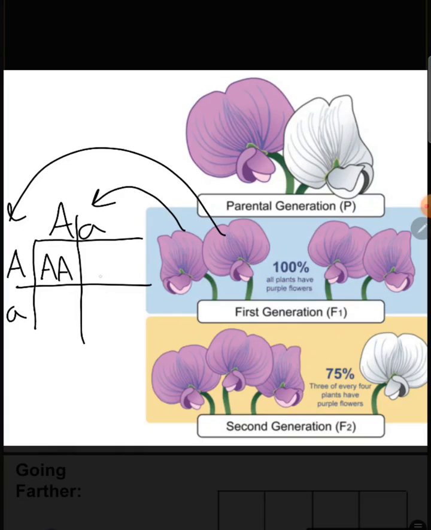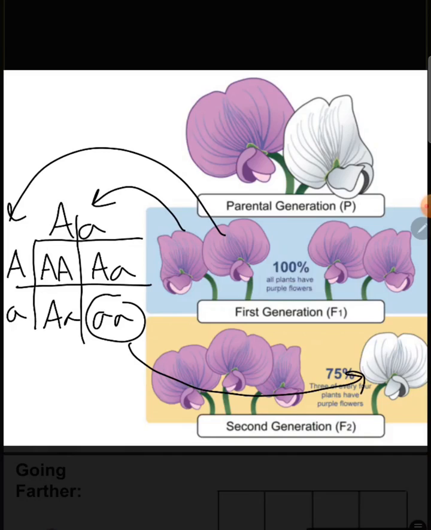And these would be the possible results. And so you see the white flower came back, and that means that in the F1, the recessive allele did not disappear, it was merely hiding. That means that some alleles can be dominant over others.